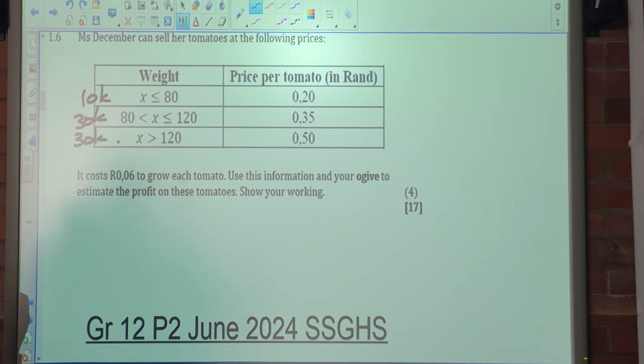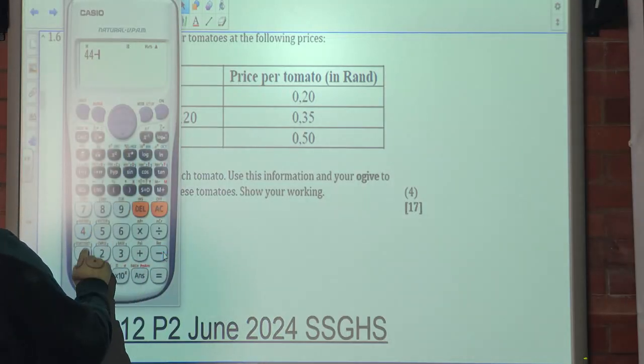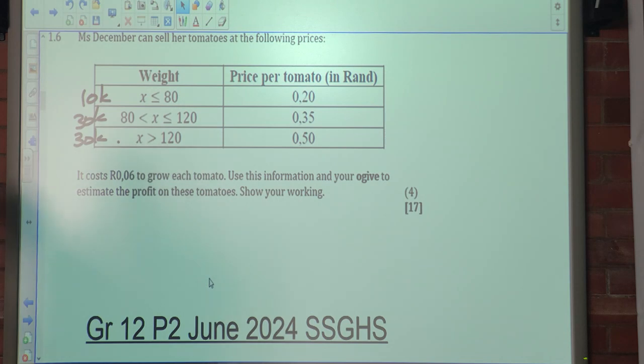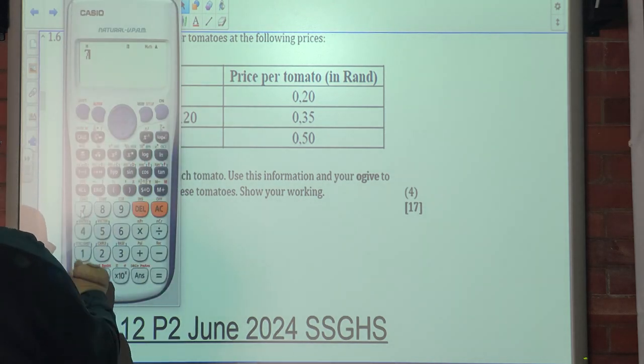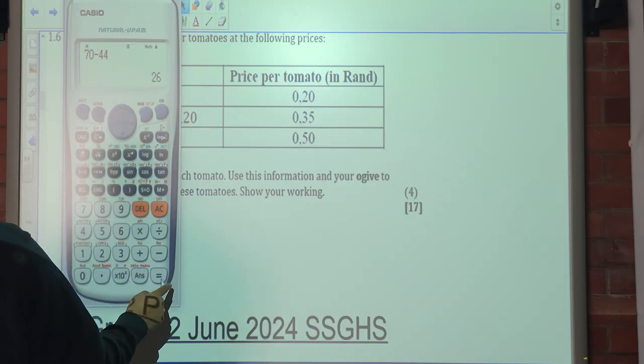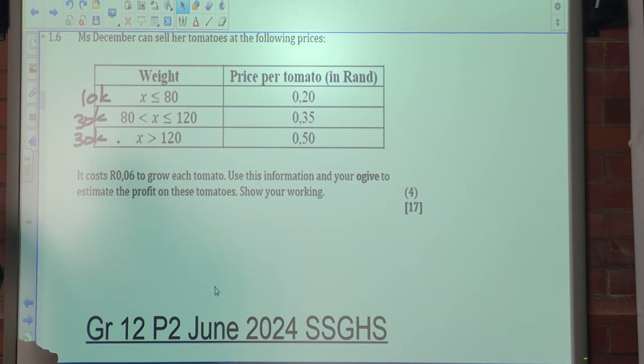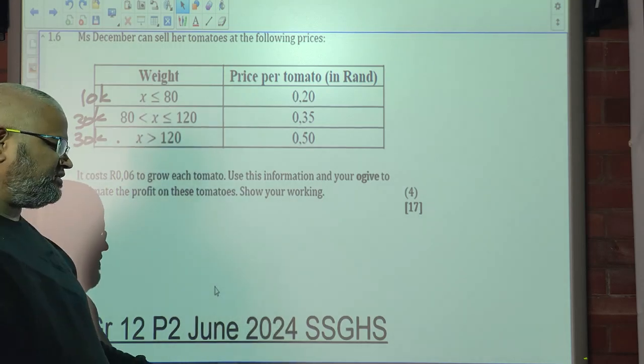It was 18, and then the second category was 44 minus 18, which gave me 26,000, and the last one is 70 minus 44, which gave me 26. So it's 26,000, and again I got 30,000 here. Again, it has to do with what you have in front of you, so I marked it accordingly.